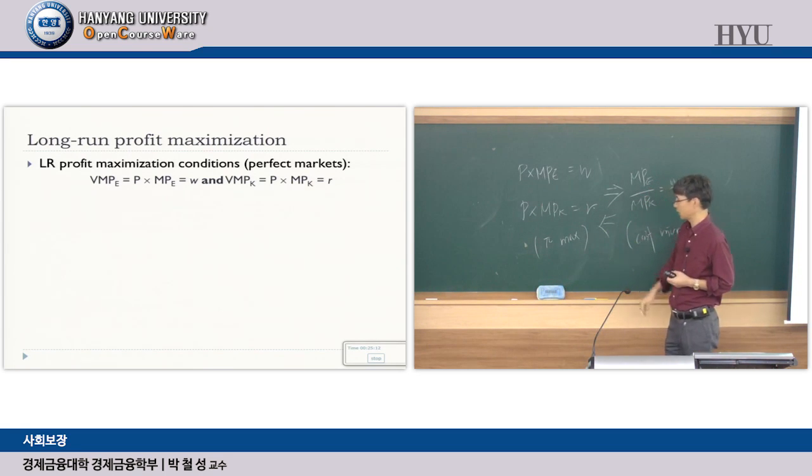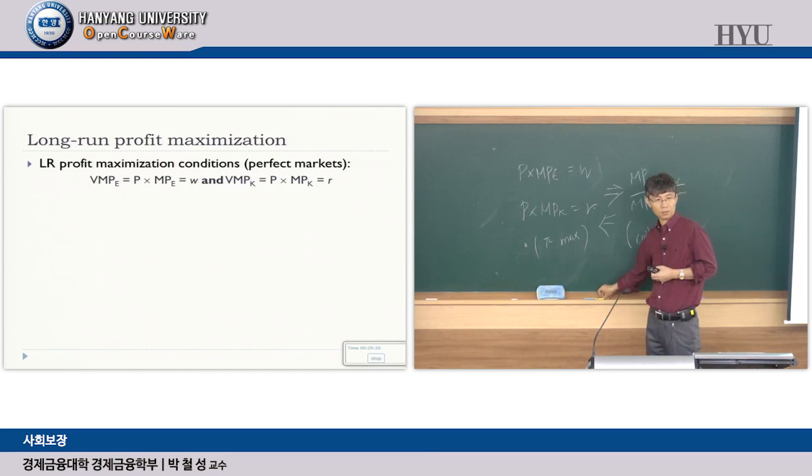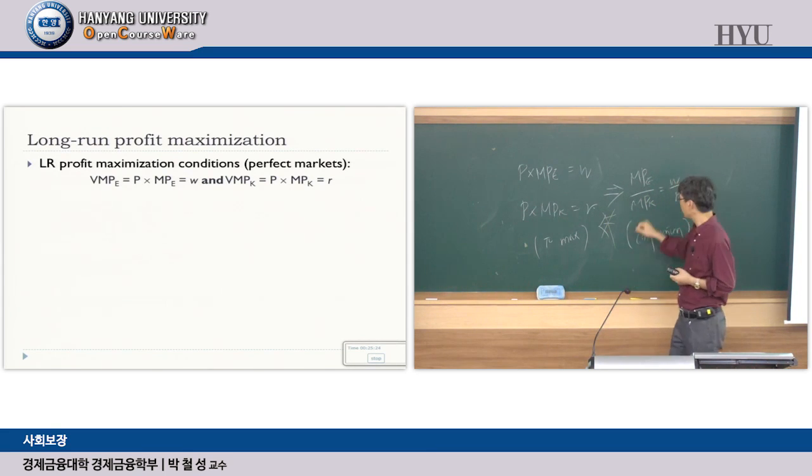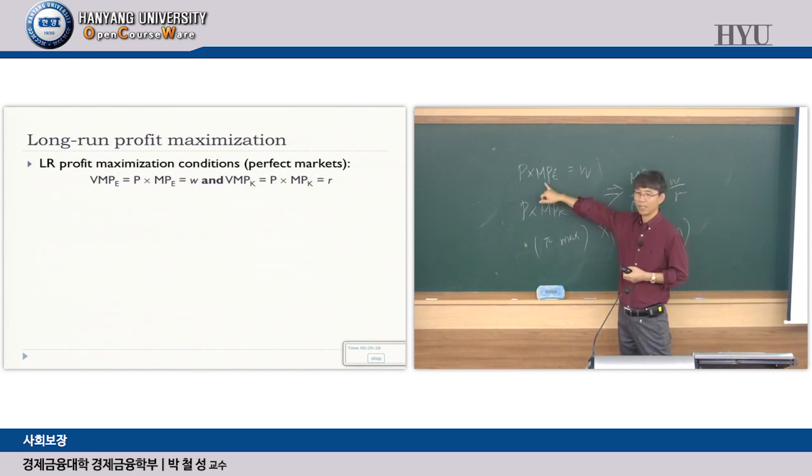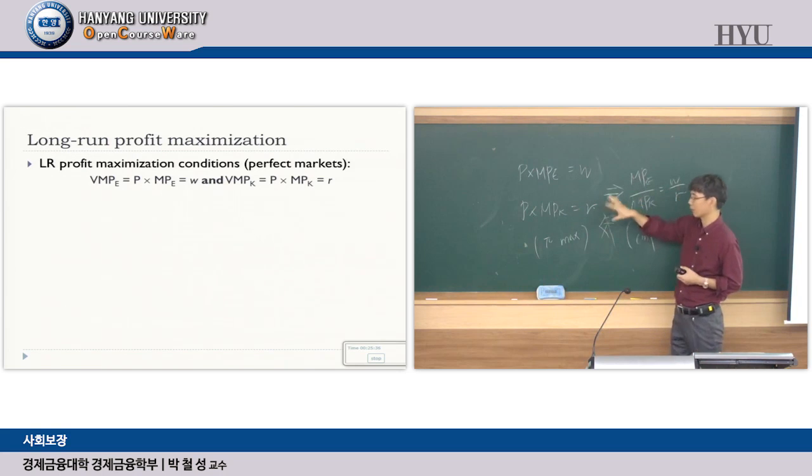The reverse, true or false? In general, it should be false, right? MPL over MPK equals W over R does not imply MPL equals W and MPK equals R, if we ignore P. So only one way.